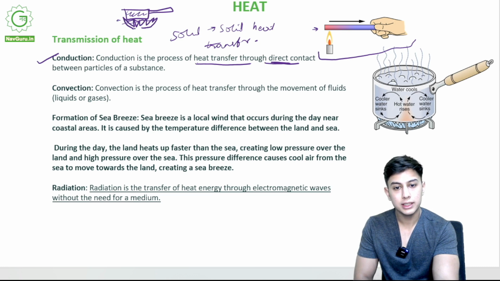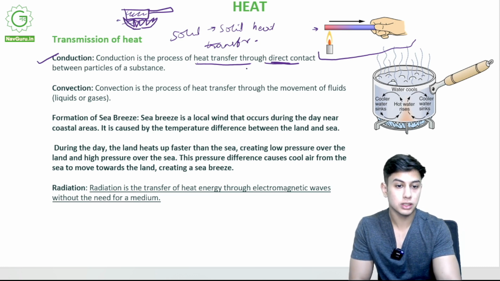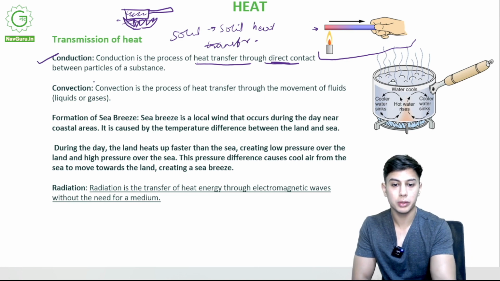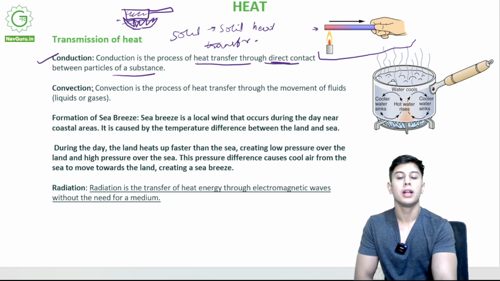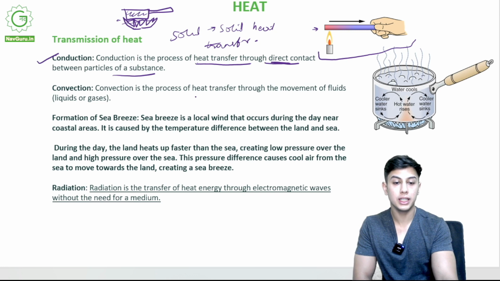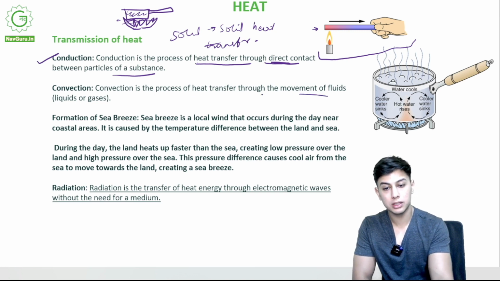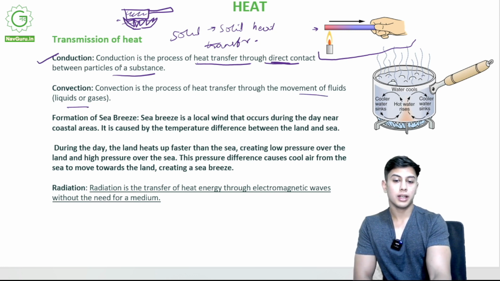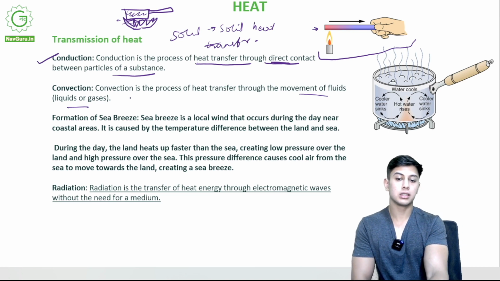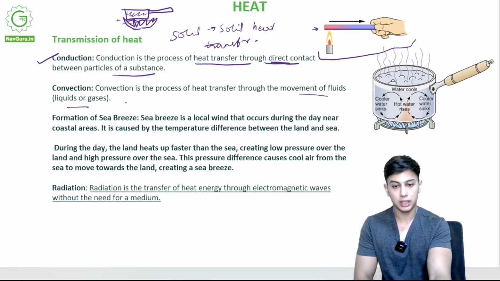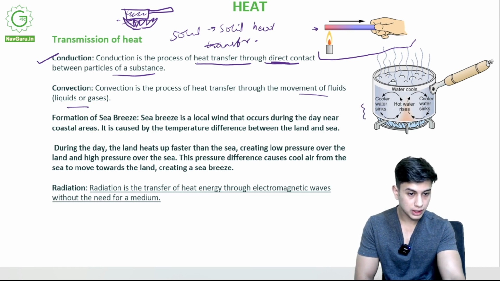This is conduction: heat transfer through direct contact between particles of a substance. Convection is the process of heat transfer through movement of fluids or gases. In solids we had conduction, in liquids we have convection. When liquid boils, over here this is conduction, over here this is convection.